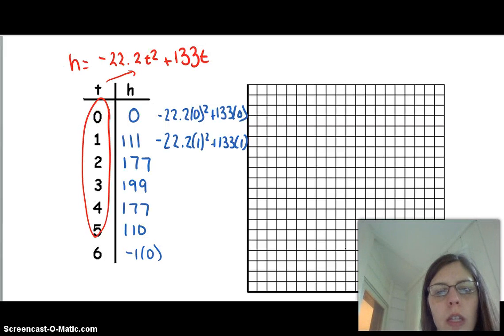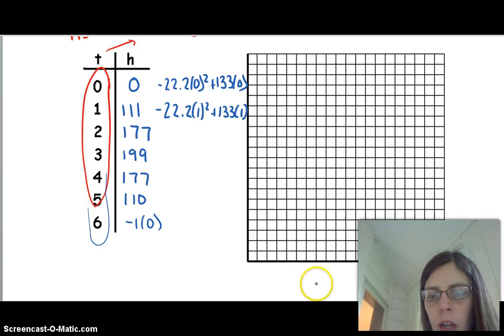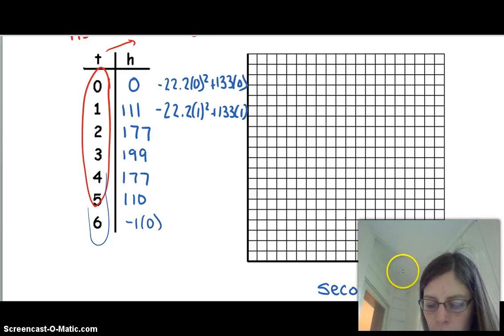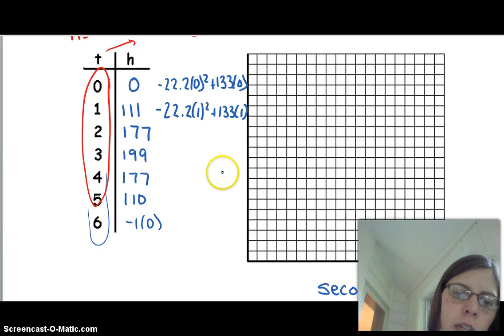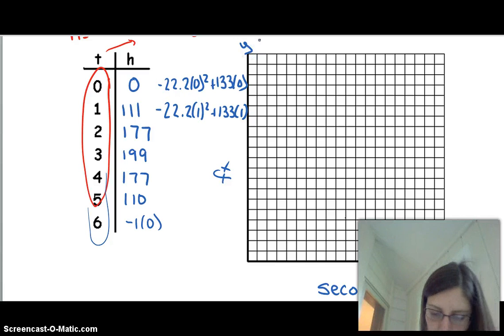Okay, so as you can see, I filled out the table for all the given values, including the 6. So here, what I did was I placed the t value into the equation and solved for h. Now the next thing I want to do is go over to my graph here, and I want to graph these. The x-axis is seconds, and the y-axis is feet.